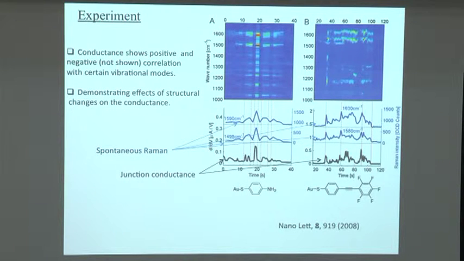Okay, so this is one experiment which actually motivated us. Here what we see is these two molecular junctions, this is done by a Rice University group. They analyzed these two molecular junctions.